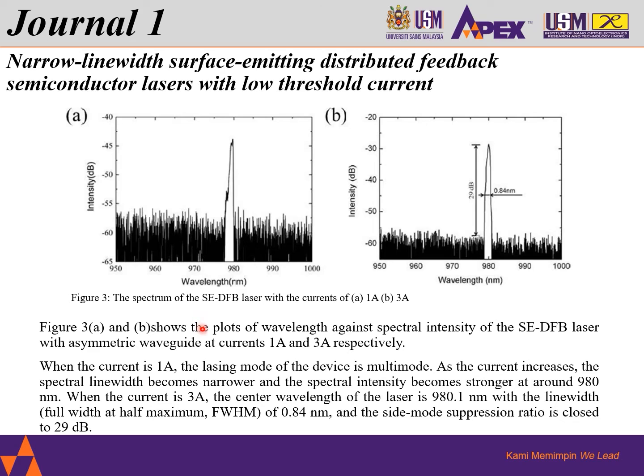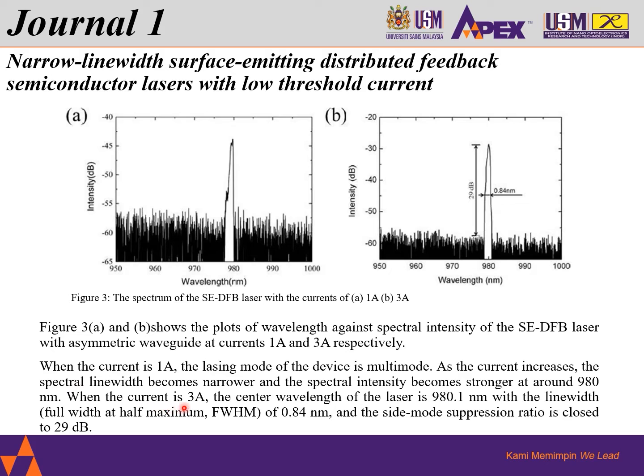Next, we proceed to discuss the plots of wavelength against spectral intensity of SEDFB laser. Figure 3A shows the 1 ampere current result, and figure 3B shows the 3 ampere current result. When the current is at 1 ampere, the lasing mode is multi-mode, and the spectral intensity becomes stronger at around 980 nanometer.